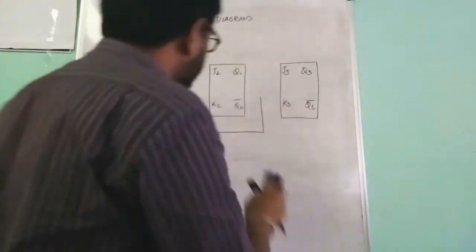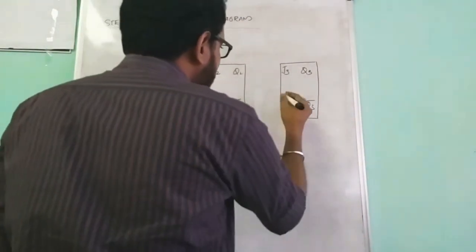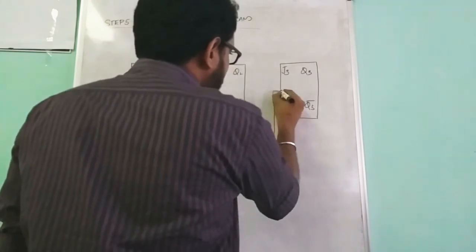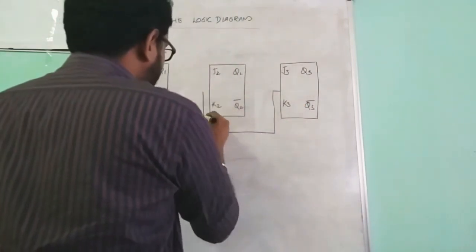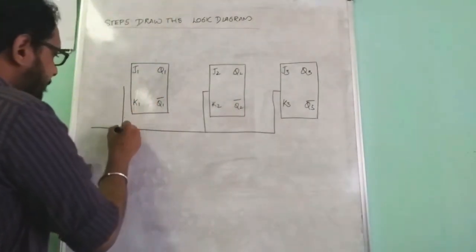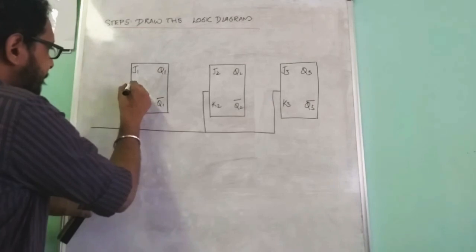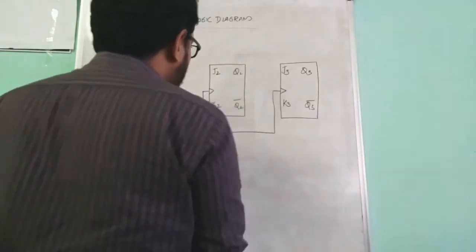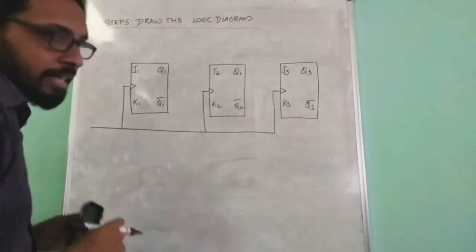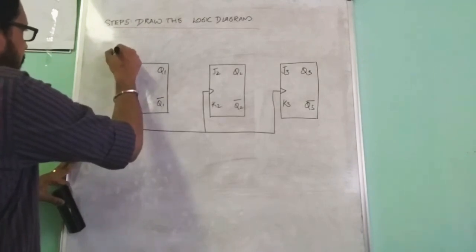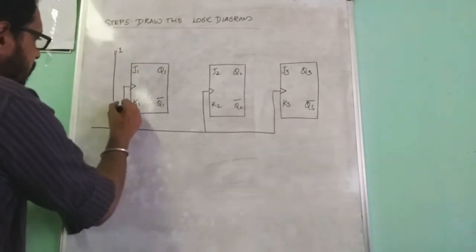One second. And the value of J1 and K1 was 1, right? So we can either write high or 1 and put this line.